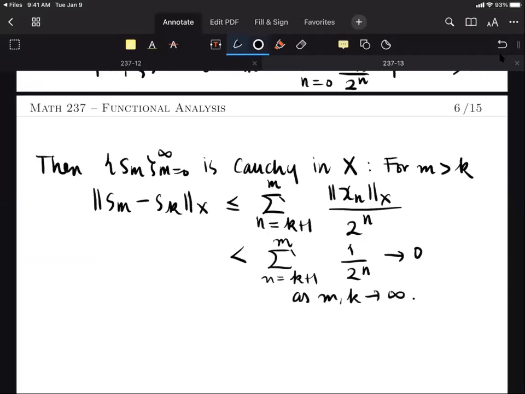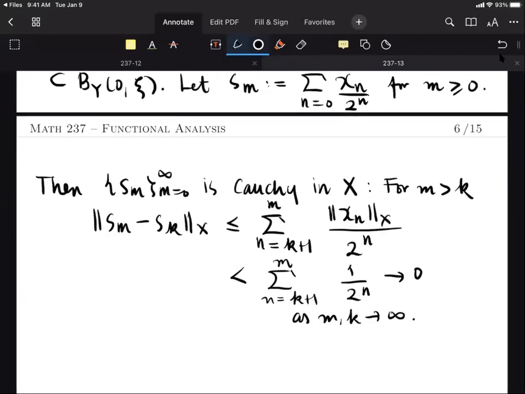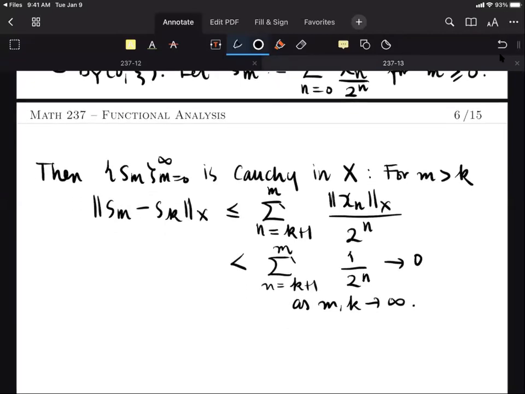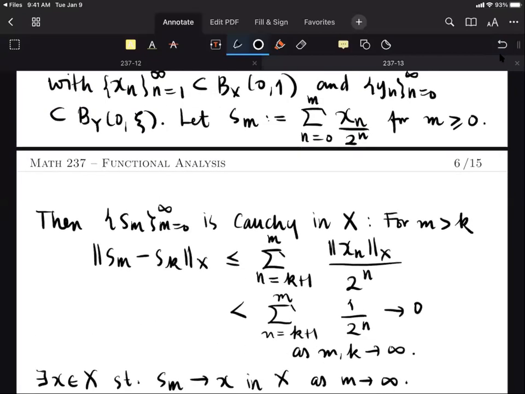So indeed, Sm, the sequence of partial sums, is Cauchy in x. And by completeness, there exists x in capital X such that S sub m tends to x in capital X as m tends to infinity.